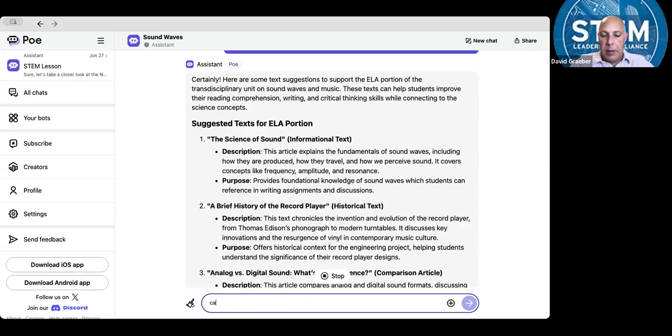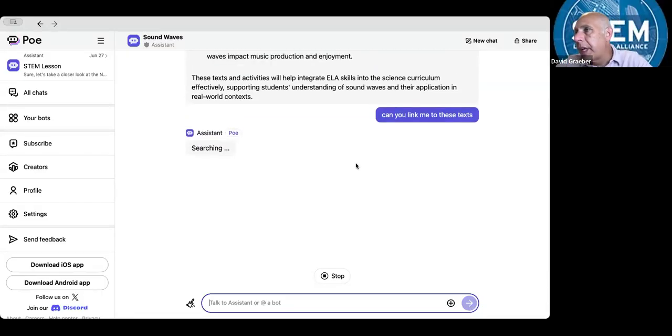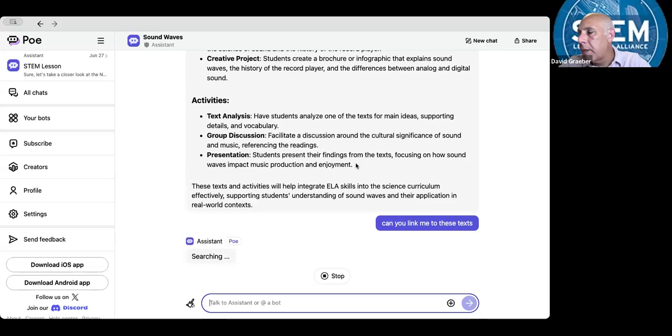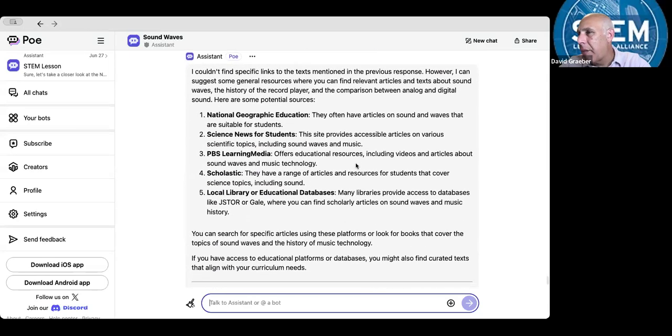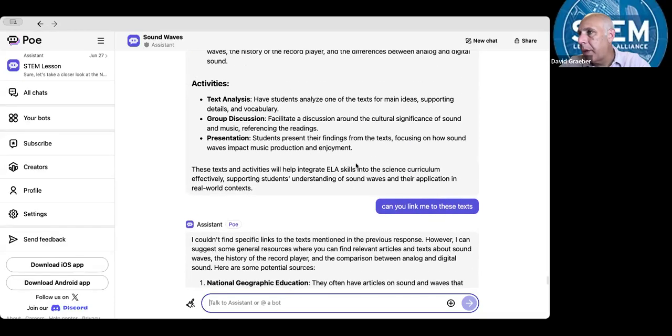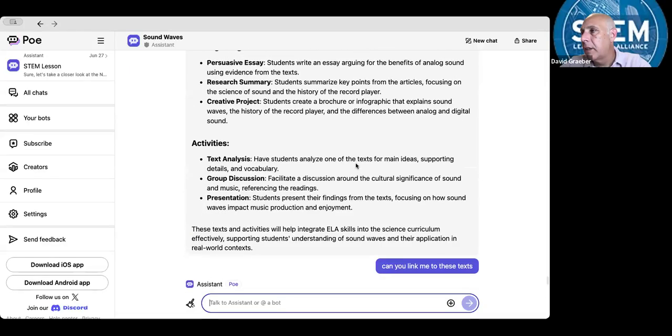I can even ask it, but it might have copyright. Can you link me to these texts? Might have copyright infringements, but again, I can go search for them. I can look them up in a catalog, right? It shows me it probably can't because of copyright, but again, I can use this literally for everything.